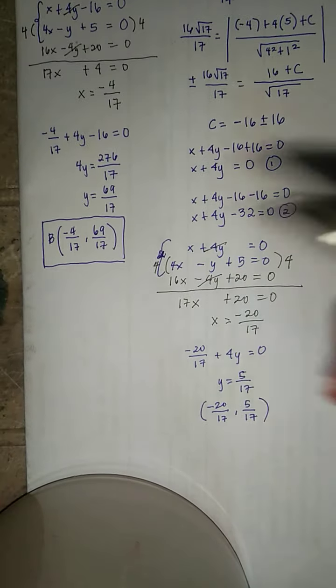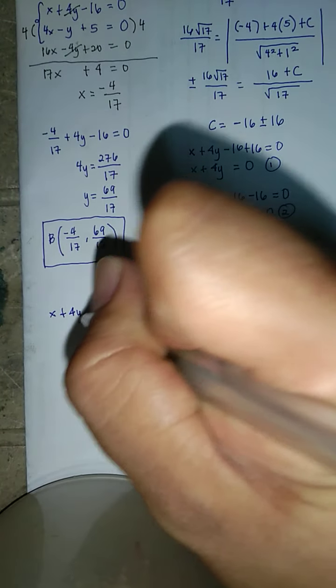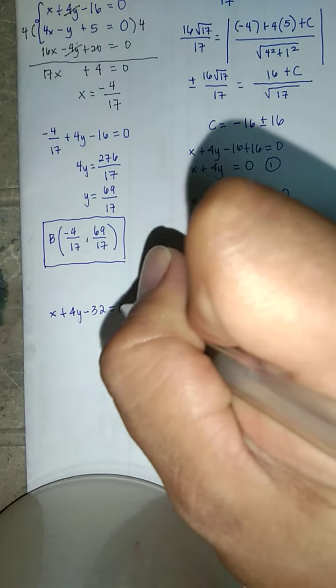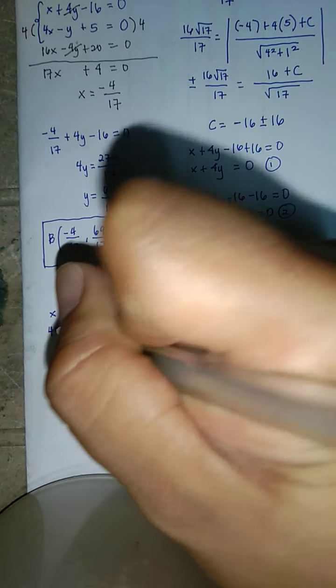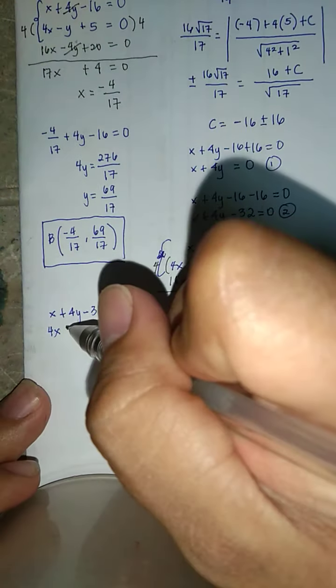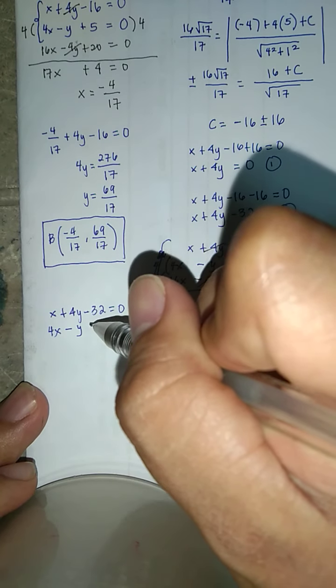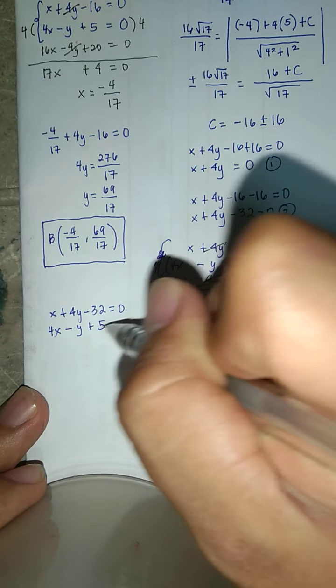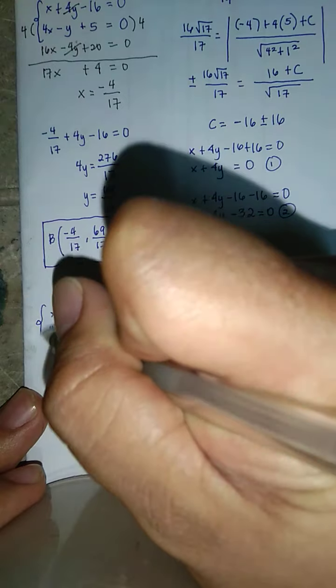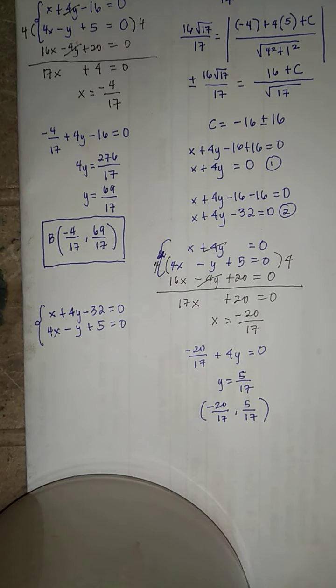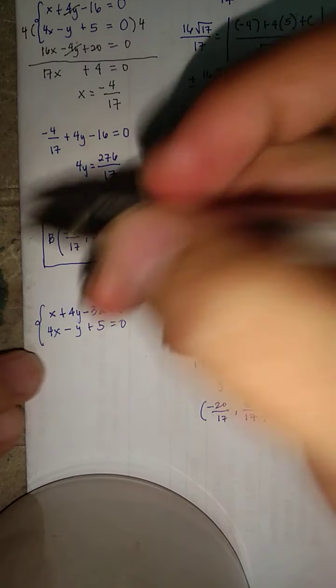Let's write x plus 4y minus 32 equals 0, and 4x minus y plus 5 equals 0. Again, another elimination method.